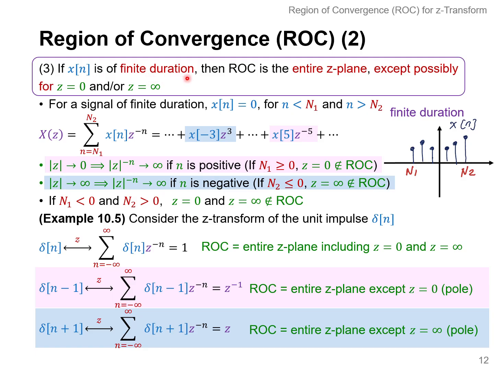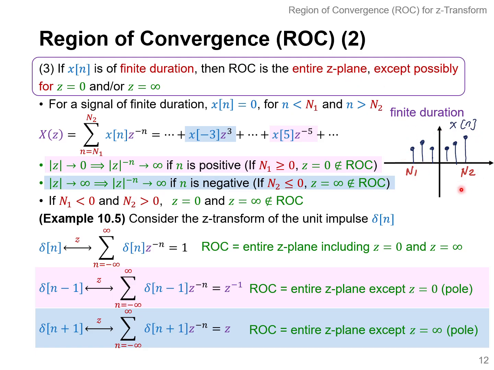For this type of signal, the values of x[n] are non-zero only between 2 points, n1 and n2. So the signal exists only in that short range. The ROC is the entire z-plane because the signal has only a finite number of non-zero samples.